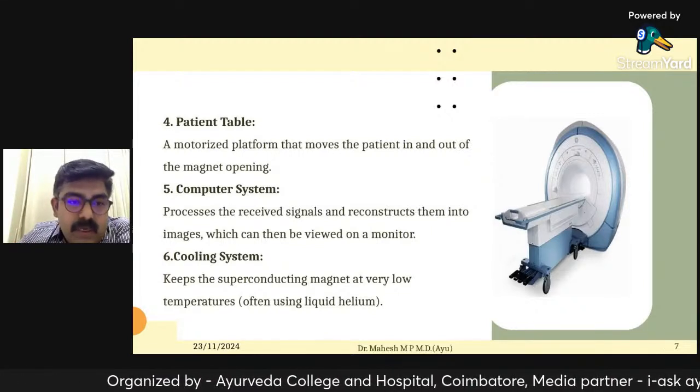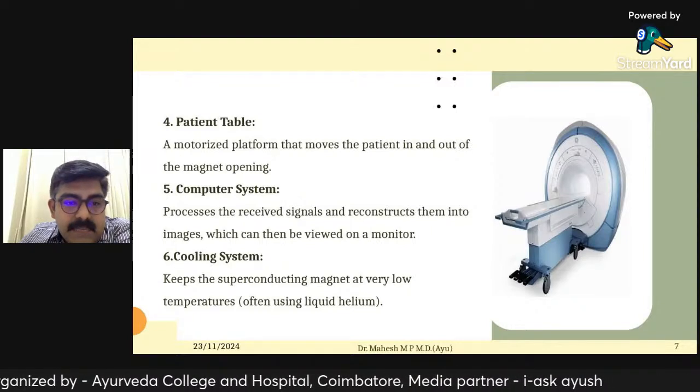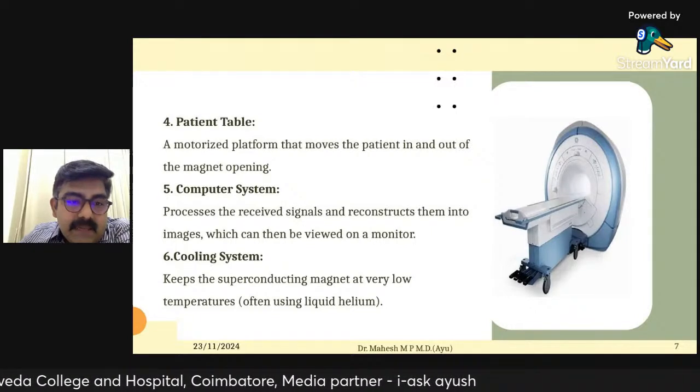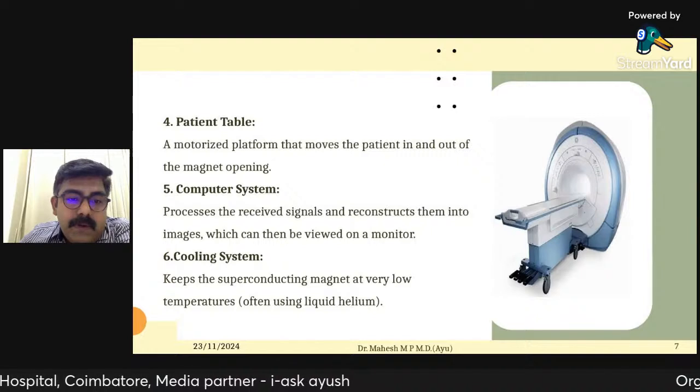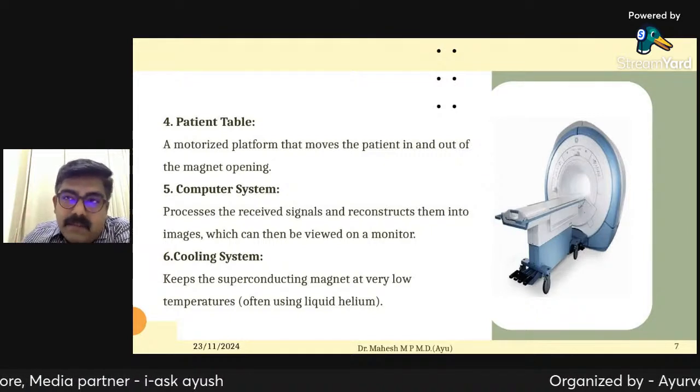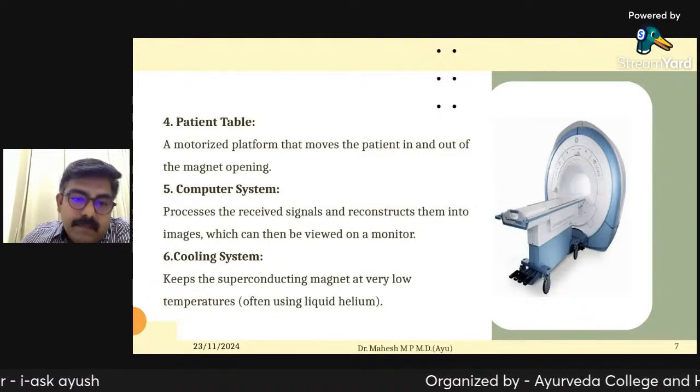Apart from that, there is a cooling system that keeps the superconducting magnet at a very low temperature, often based on liquid helium.